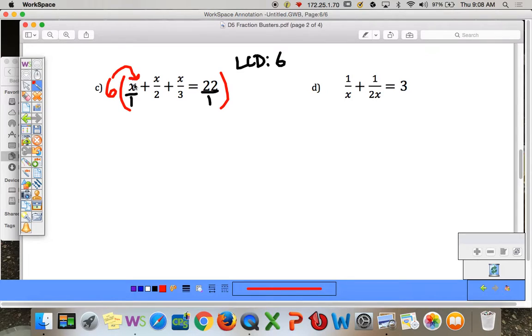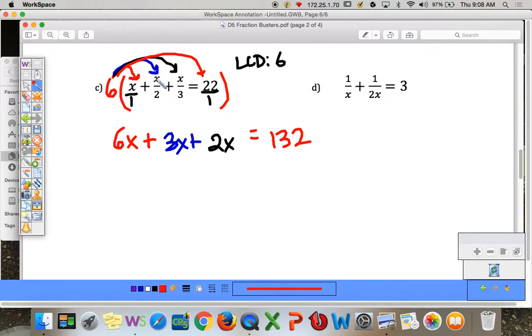All right, 6 times x is 6x plus 6x over 2. So here we're going to do 6x divided by 2. That will give us 3x plus. We have 6 times x divided by 3, so that will give us 2x equals, and here nothing cancels, so you have to multiply 22 times 6, and I get 132.